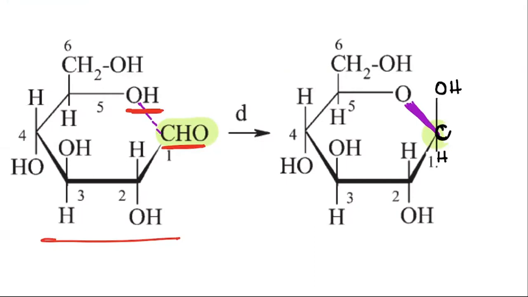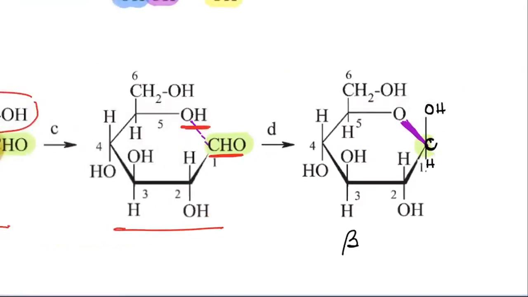Okay, if the OH in carbon number 1 is pointing up, this is known as the beta conformation for my monosaccharide. That OH could also be pointing down, okay? Let me just draw the structure for it.